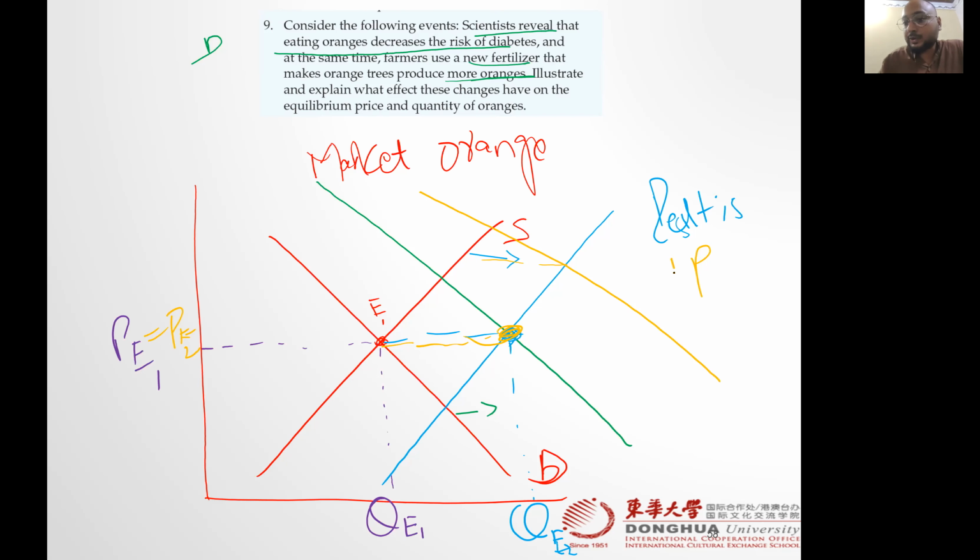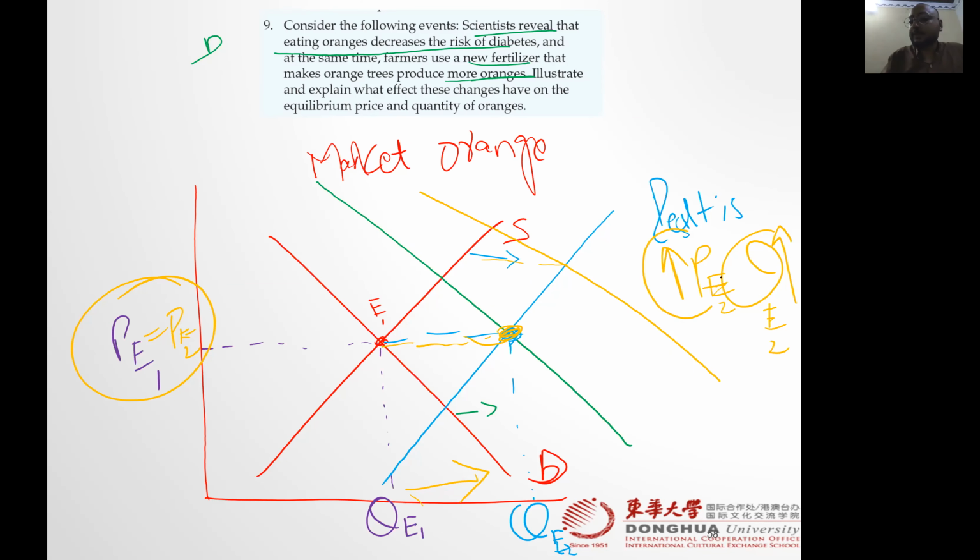But for sure, there's going to be little increase in price, and a major increase in quantity, right? But we don't know whether the price would increase or decrease, because we don't know how much they increase, and we don't have the numbers here.